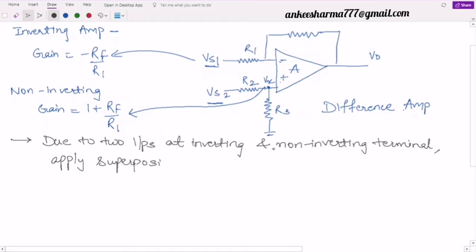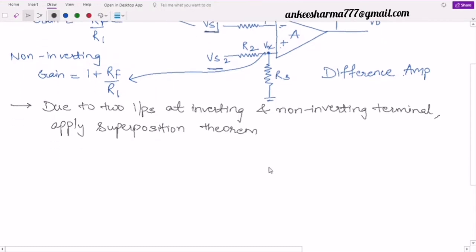And what is this superposition theorem? We have also seen it in the last lecture, where we discussed the averaging and the summing amplifier for both inverting and non-inverting. Over there we saw that the superposition theorem is nothing but we consider only one input at a time and we take the other input as 0. So let us take that case.